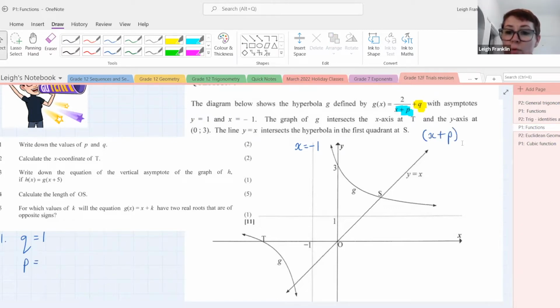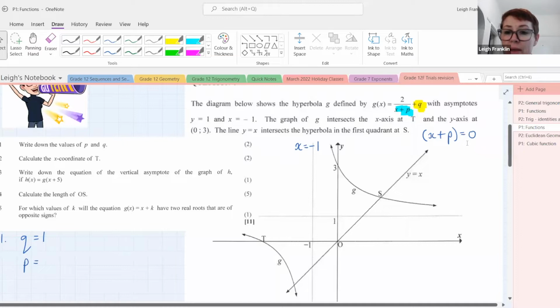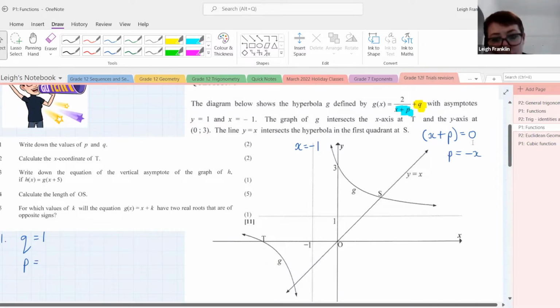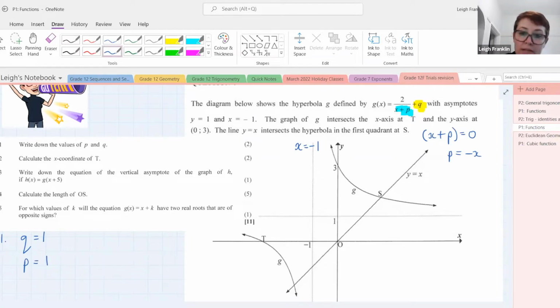If we want to work out what the value of p is, we would have to take that bracket and make it equal to 0. So p is in fact equal to 1 in this case, because we want +1 inside the bracket. So those of you that said 1, that is correct. Well done. x equals -1 is the equation of the vertical asymptote.